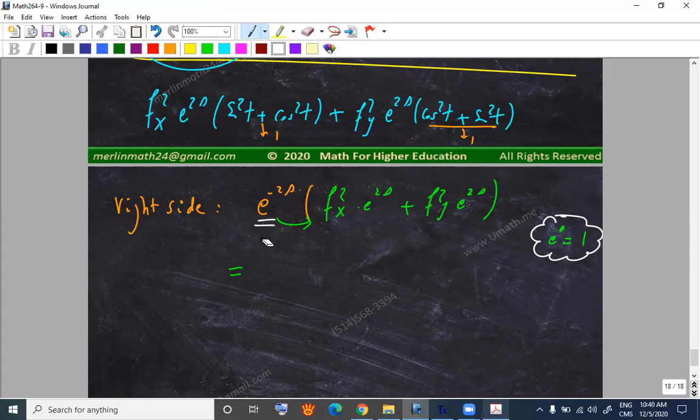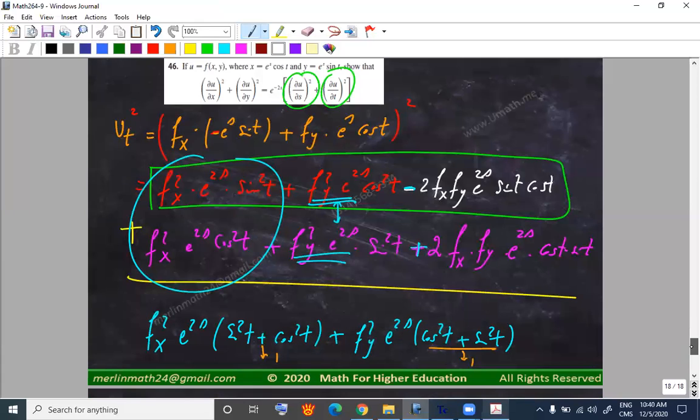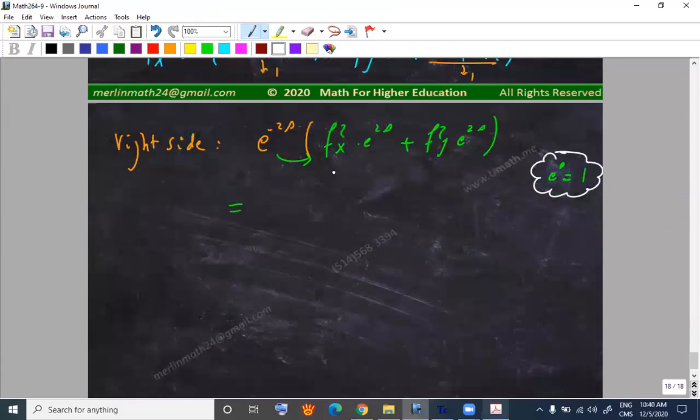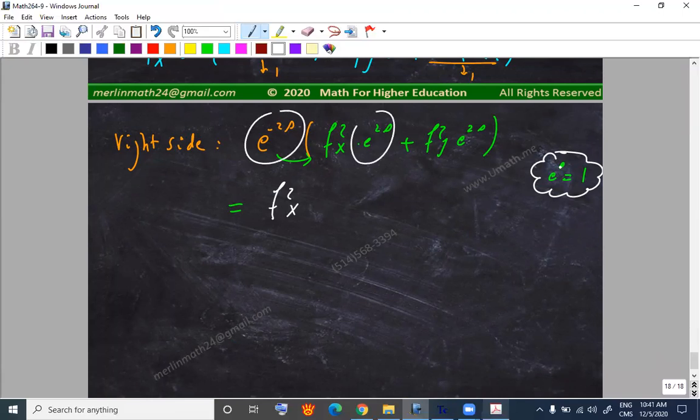It is from the right side, huh? Any questions? So far so good. Okay, perfect. So tell me the final answer. The final answer is f squared x, no more e. You add the exponents, you get e power 0, which is a 1. Finish. Plus f squared y. And that's it. So this is the right side.